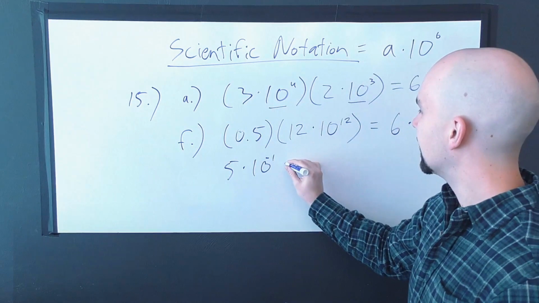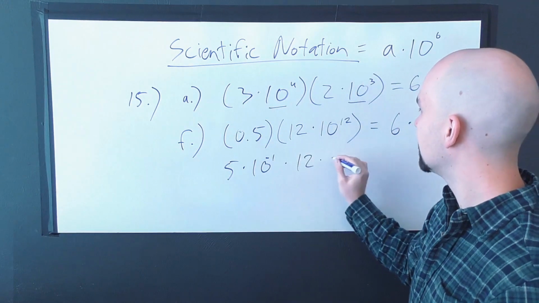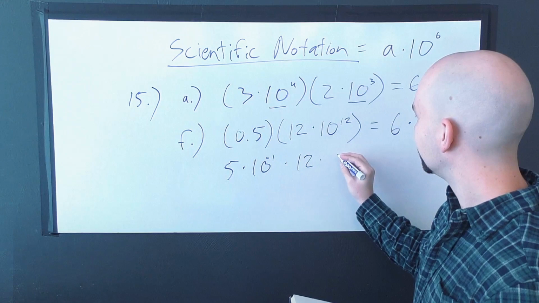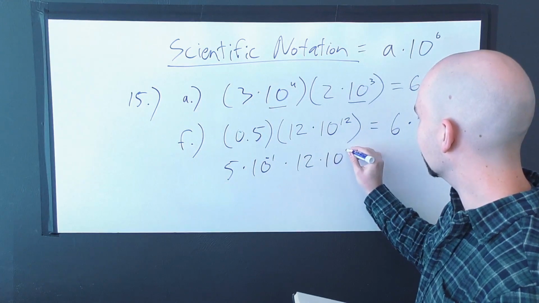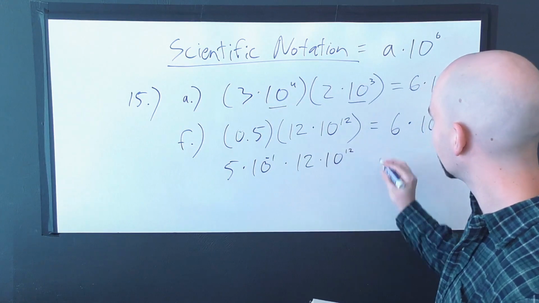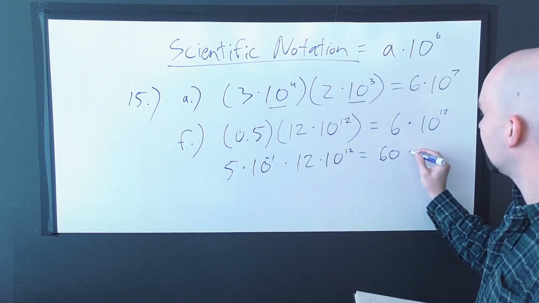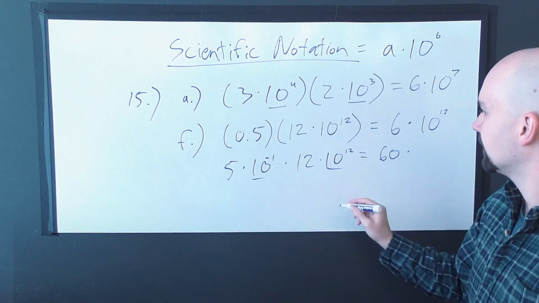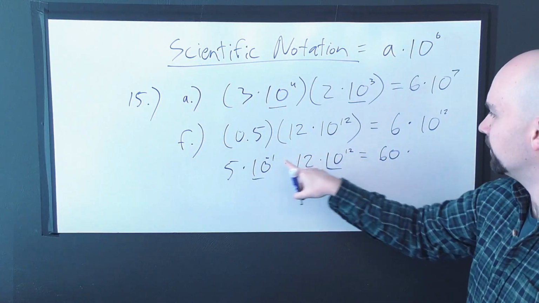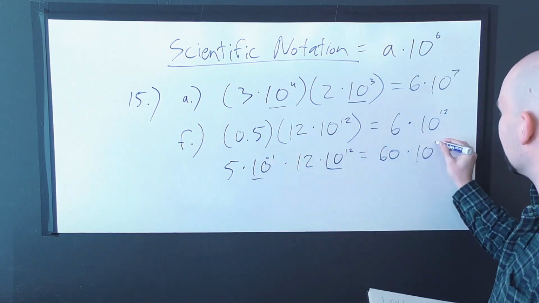And then I can multiply this by 12 times 10 to the power of 12. And then 5 times 12 is 60. These are the same base. So what's 12 minus 1? That would be 11, 10 to the power of 11.